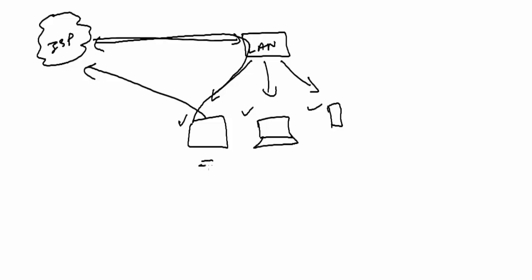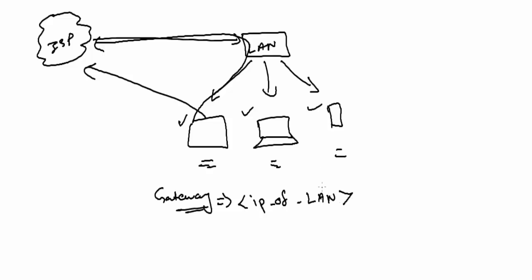So every device will have a parameter called gateway. Gateway is nothing but the IP of the device which lets you talk to the ISP. Once again, gateway is the IP address of the mediator, the device which lets you talk to the ISP.